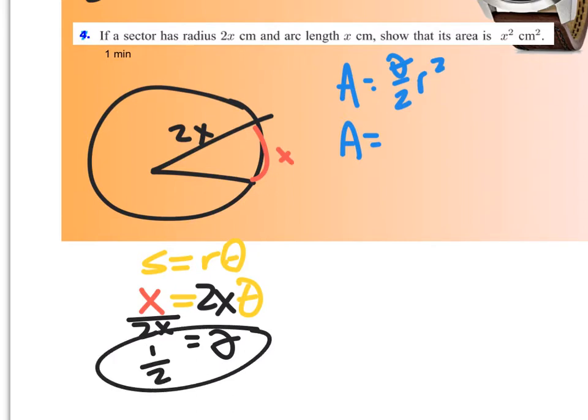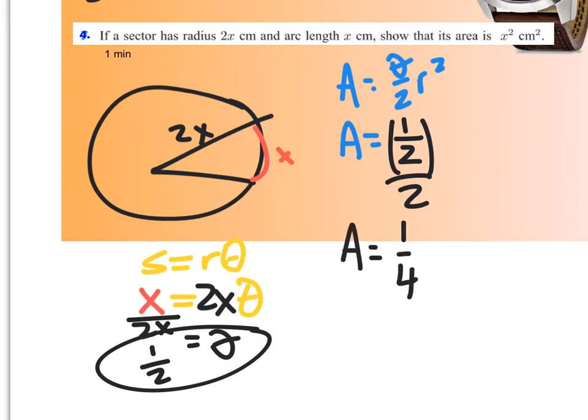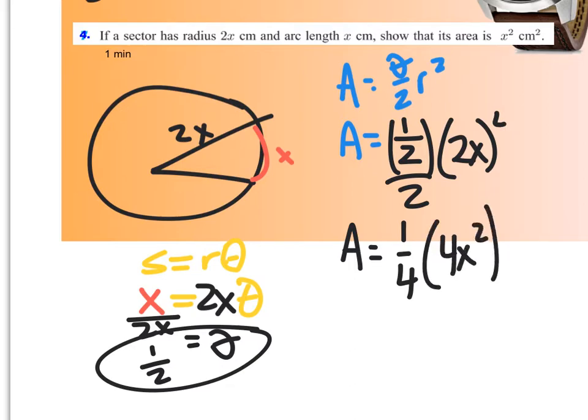So I know theta is 1/2. Now 1/2 over 2 will be 1/4. What is r? r is 4x, or excuse me, 2x. So I'm going to take 2x and square that. That's going to give me 4x squared, and looky there, folks. The area is x squared centimeters squared.